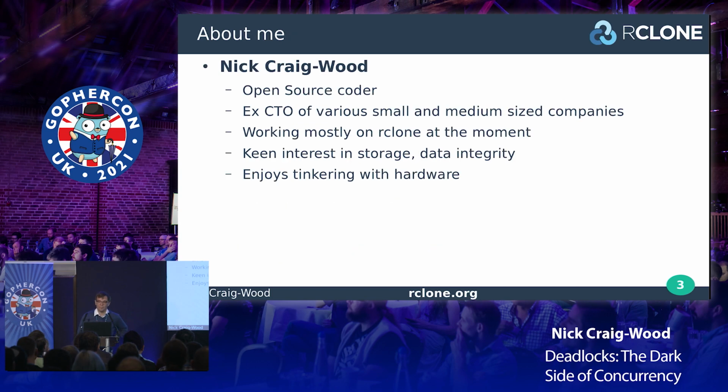But first, a little bit about me. At the moment, I'm mostly doing open source coding on rclone, with a bit of consultancy. I've been using Go for 9 years, actually, I think it's 10 years, since before version 1. I got into it when I was a busy CTO and found I was doing nearly 100% people management, and I decided I needed a little bit of light relief in my spare time.